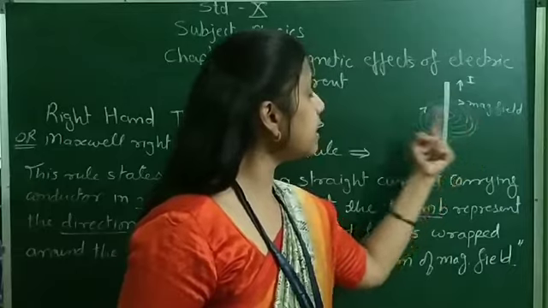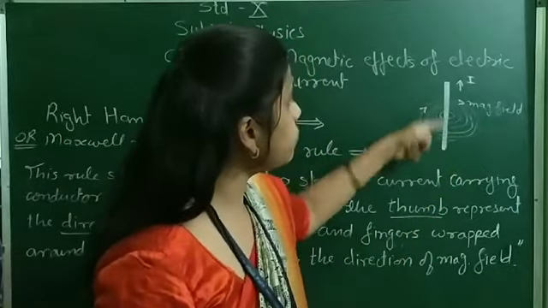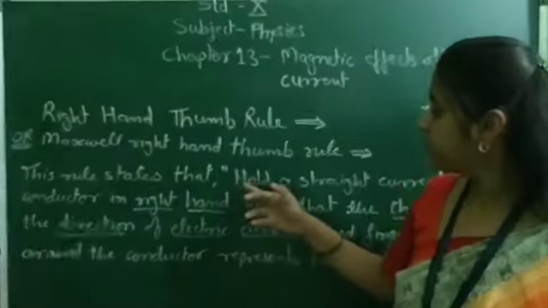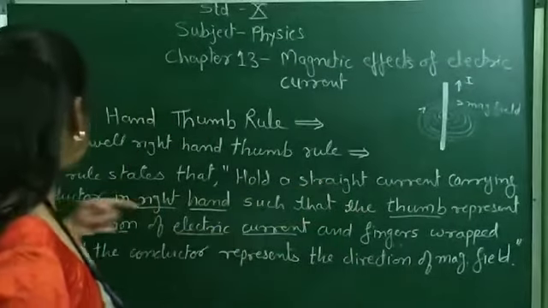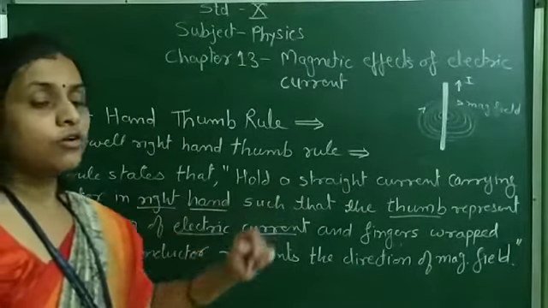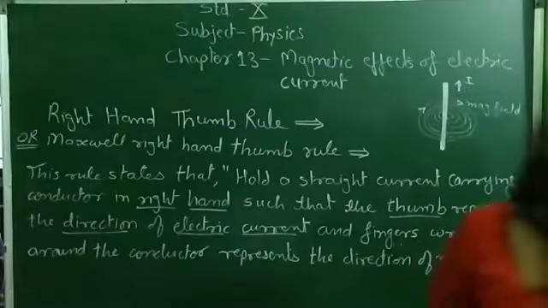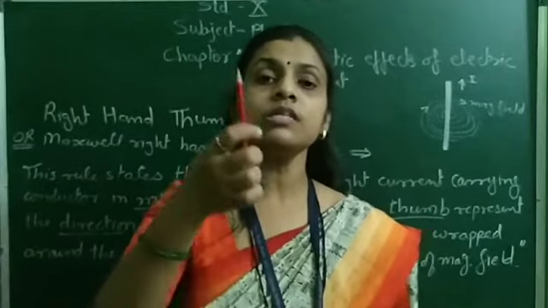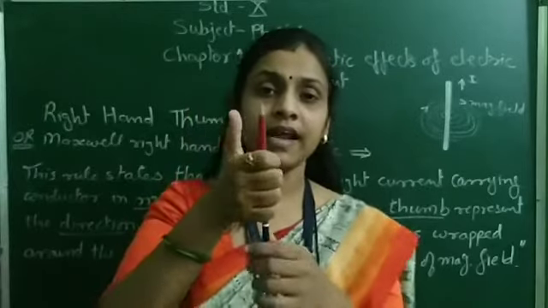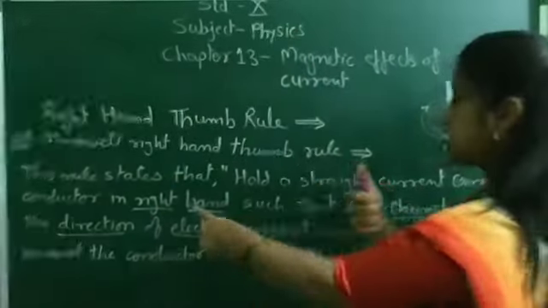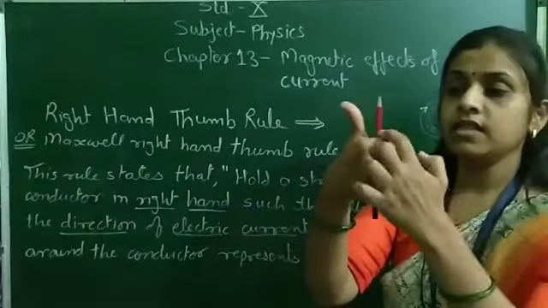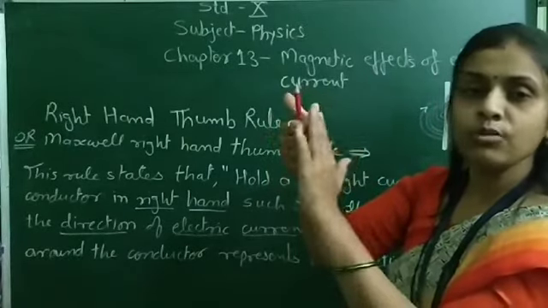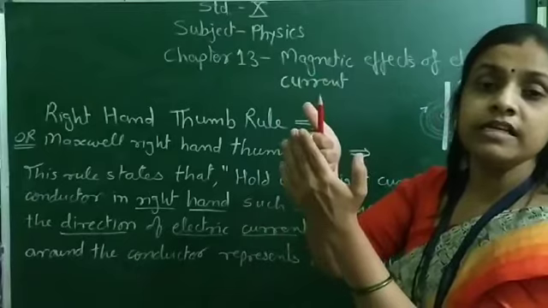The right hand thumb rule states that we hold a straight current carrying conductor in the right hand such that the thumb represents the direction of the electric current, and the fingers wrapped around this conductor represent the direction of the magnetic field.